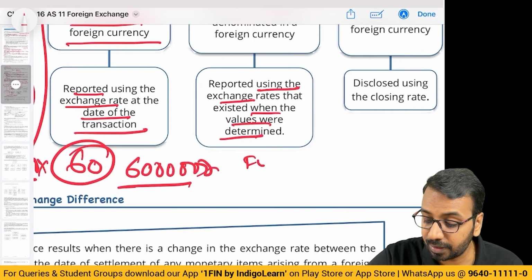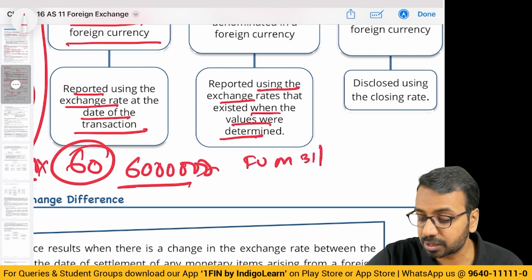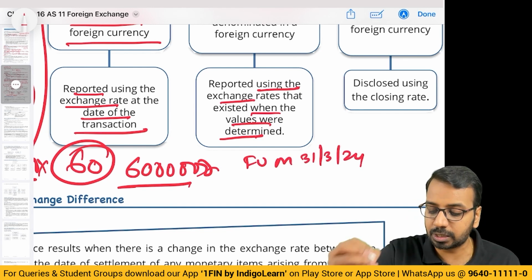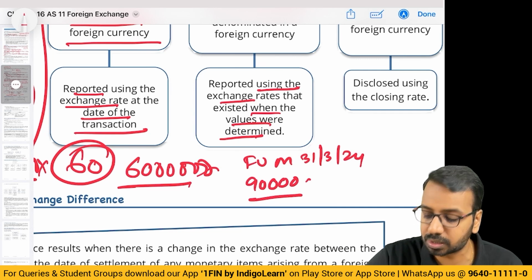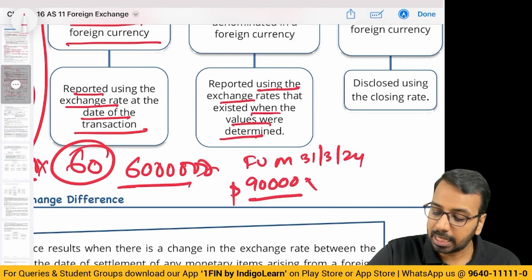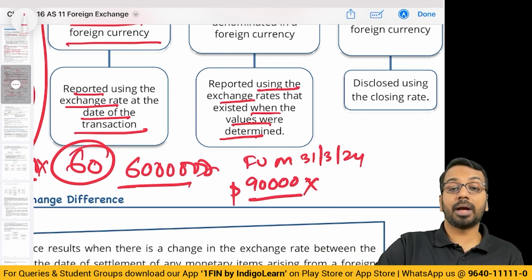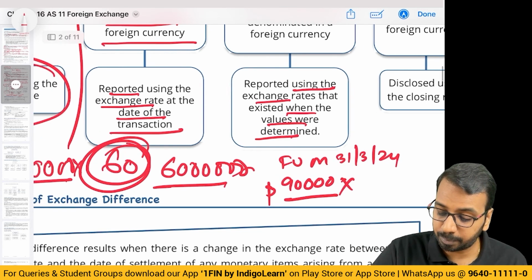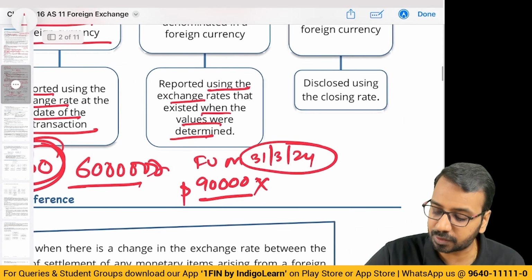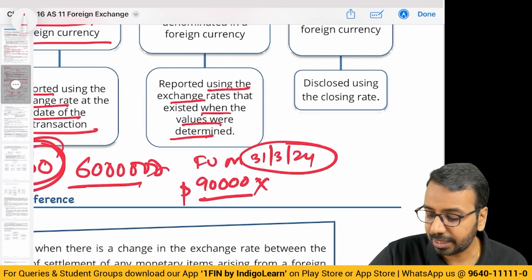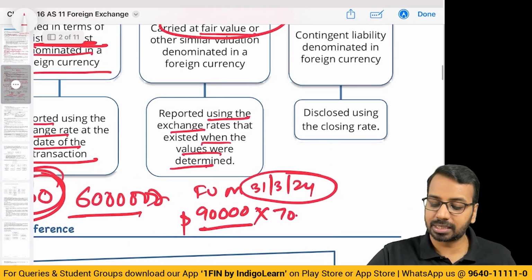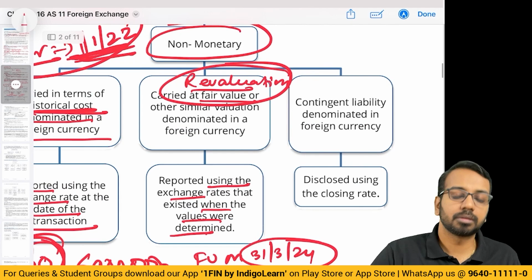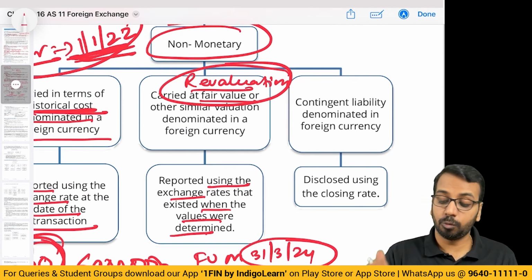Let us say fair value on 31st of March of 24 for this particular car was $90,000. Then, if I have to convert that to INR, I cannot take 60. I have to take the rate on 31st of March. So 90,000 into, let us say, 70. That is the value at which I will recognize the car if I am using the fair value model.